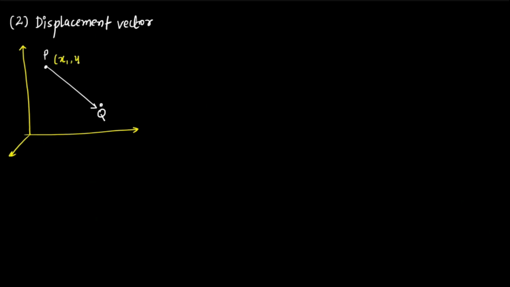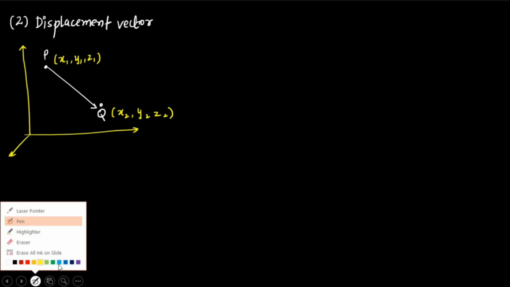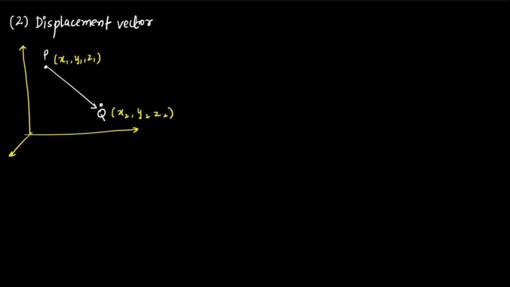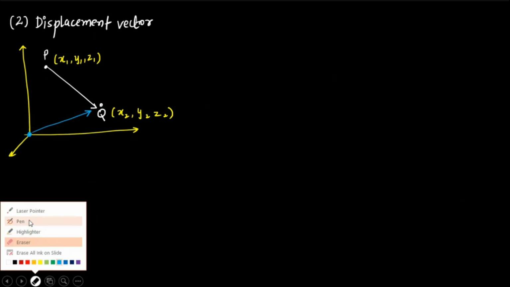Let's say x1, y1, z1 and x2, y2, z2. So in order to define its position, or you can say in order to define its displacement vector, we need to draw its position vector, like how it should look. The position vector must be drawn from the origin to the point directly like this. You should draw it exactly head to tail.